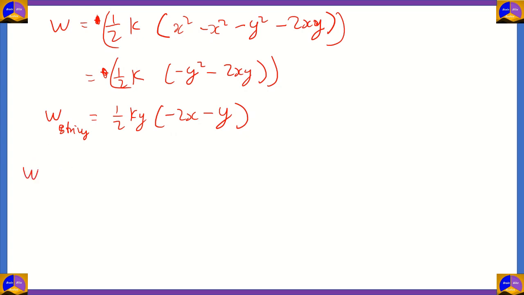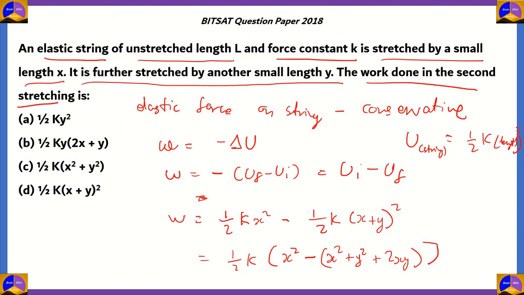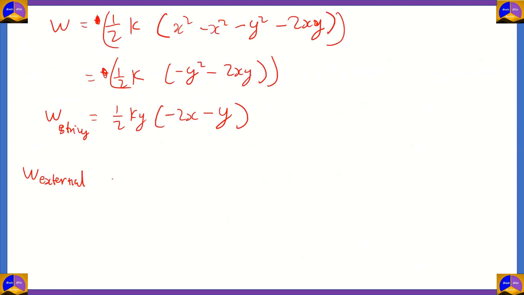We need to find out the actual quantity, which is the external work done. So the external work done in order to stretch the string has to be the negative of the work done by the string. So therefore, that is equal to minus half ky times minus 2x minus y.